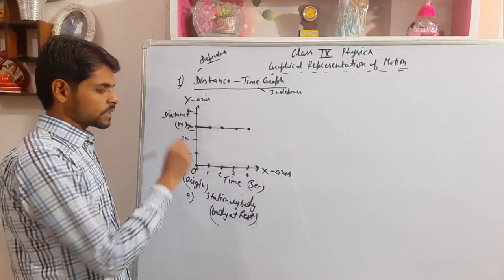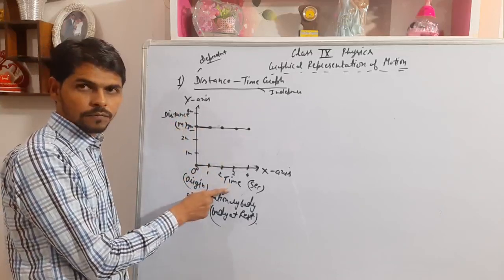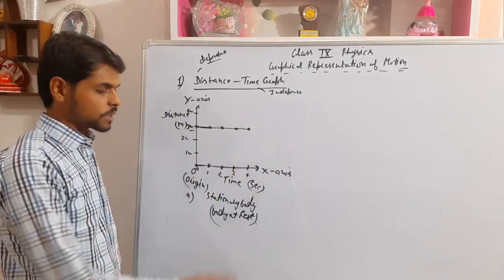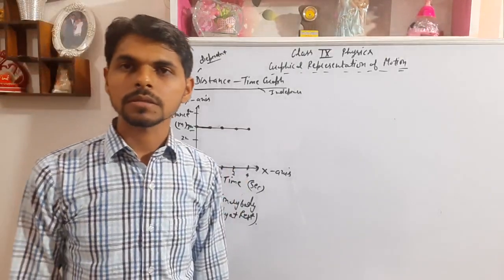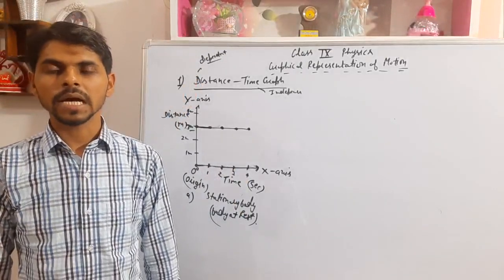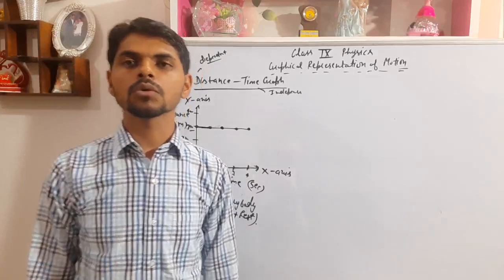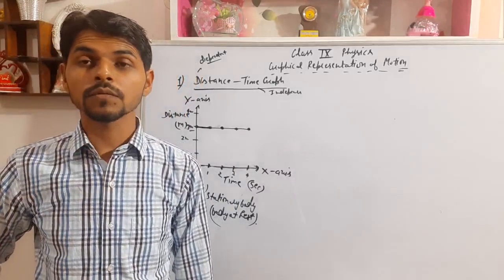If a distance time graph comes out to be parallel to the time axis, it means that the graph is representing a body at rest. You can assume many examples around you: the bed of your house, the refrigerator of your house, the AC of your house.